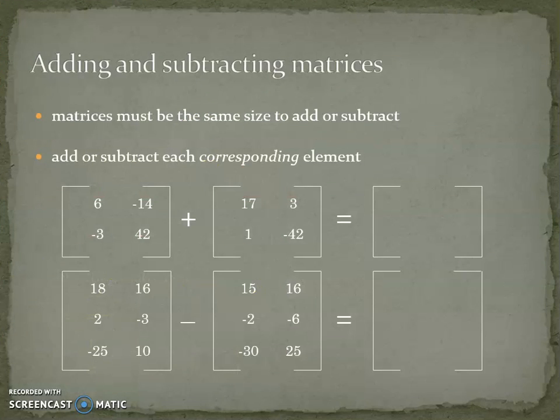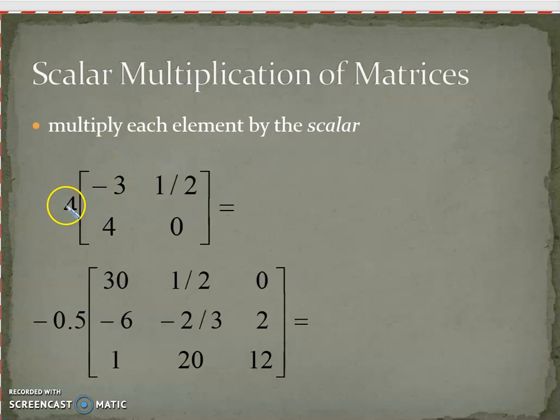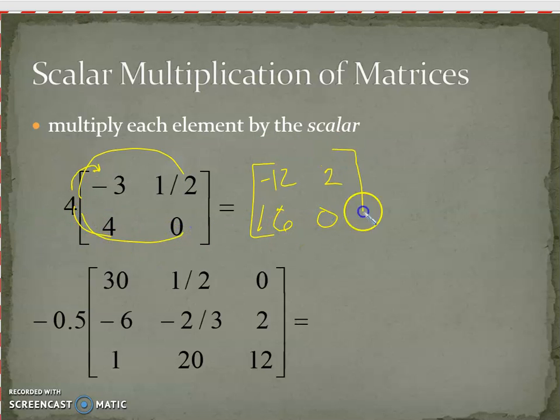Adding and subtracting, they must be the same size. Then we did a couple of multiplying by a scalar. This is just like the distributive property. So you would take the 4 and distribute it to each term, multiplying each of them by that 4. Your matrix will be the same size that you start with if you're only multiplying by a scalar.